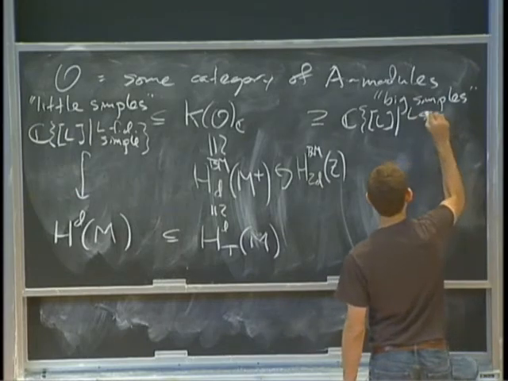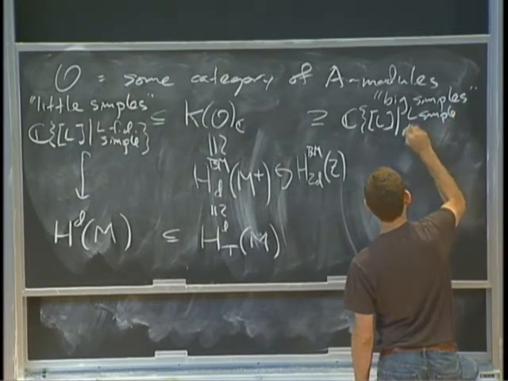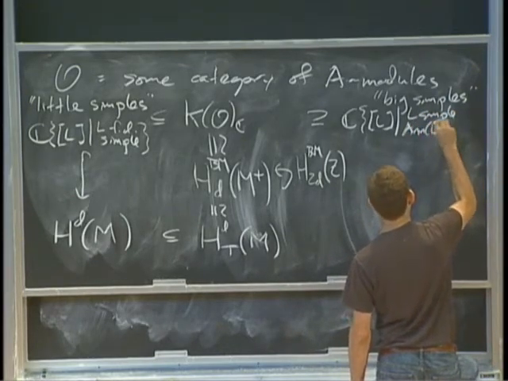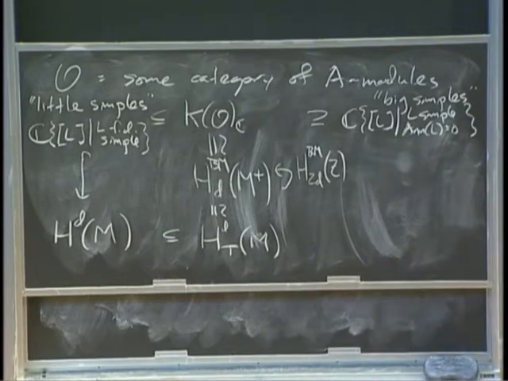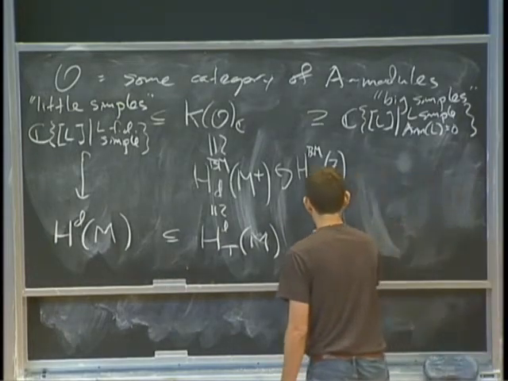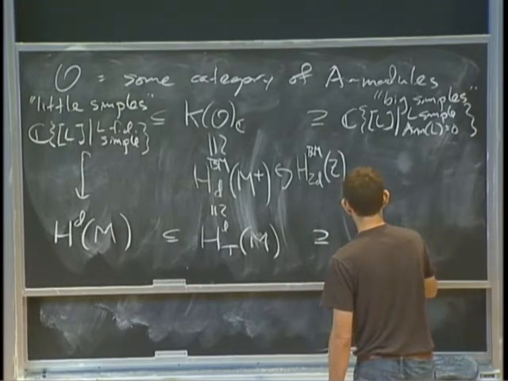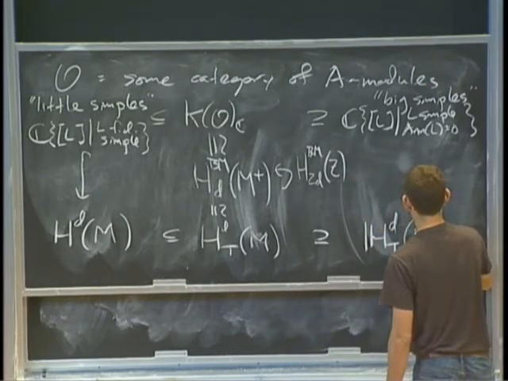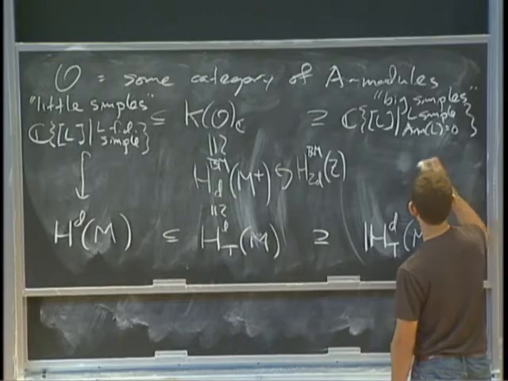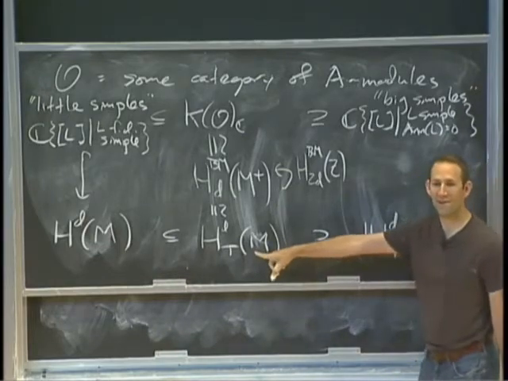So L simple and the annihilator of L equals 0. So that's sort of the dual notion to being finite dimensional. And where does that go? Well, that goes to the top equivariant intersection cohomology of M0, which is also an isotypic component here.